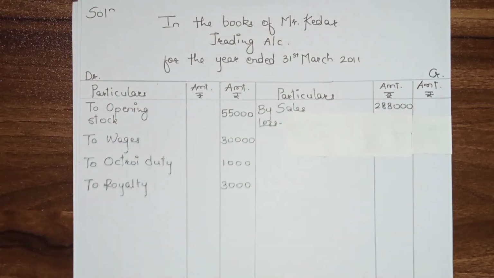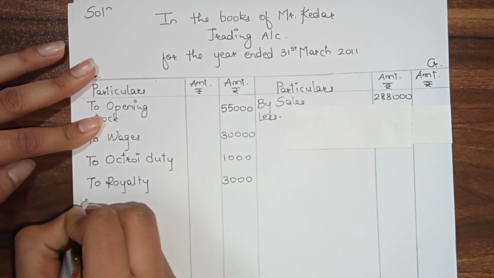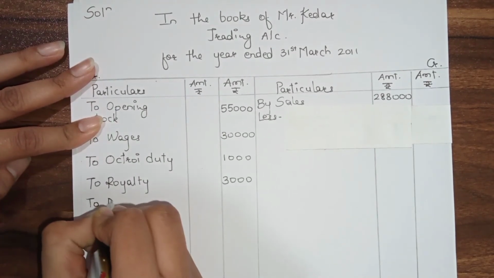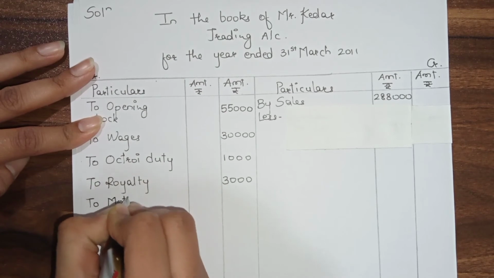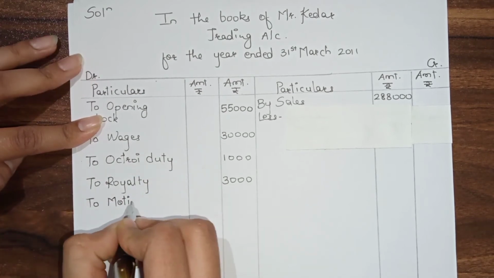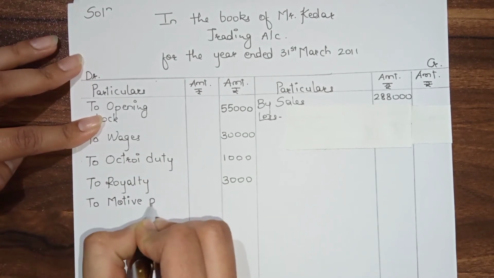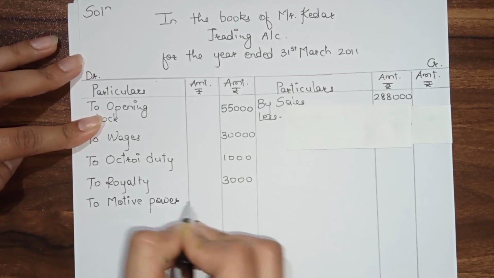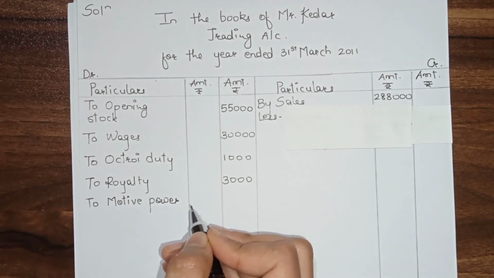So we will write here to motive power rupees 10,000.